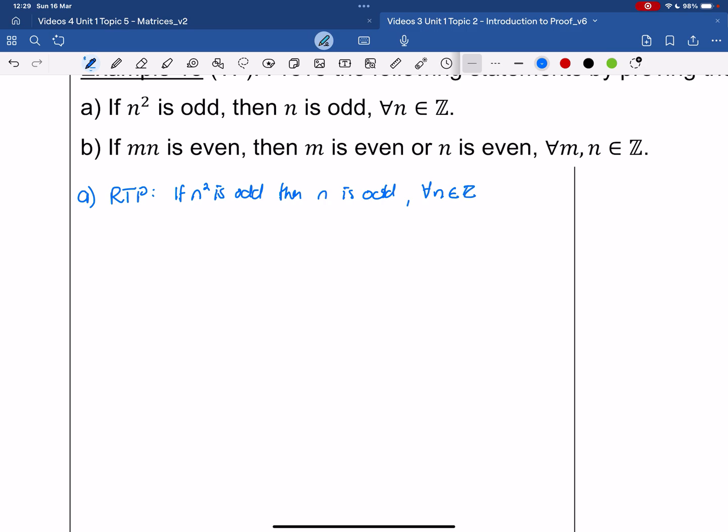So that means our if P then Q statement says that n squared is odd implies that n is odd for all integer values of z. And we can use contrapositive.